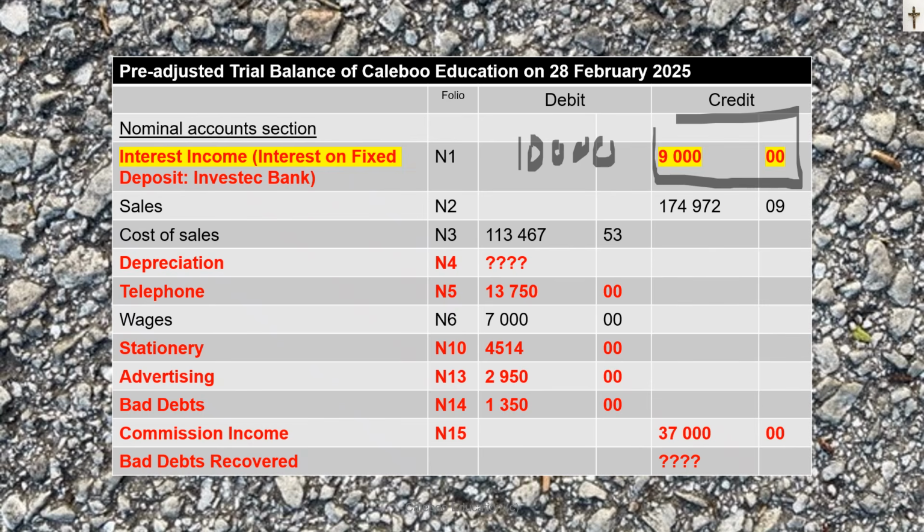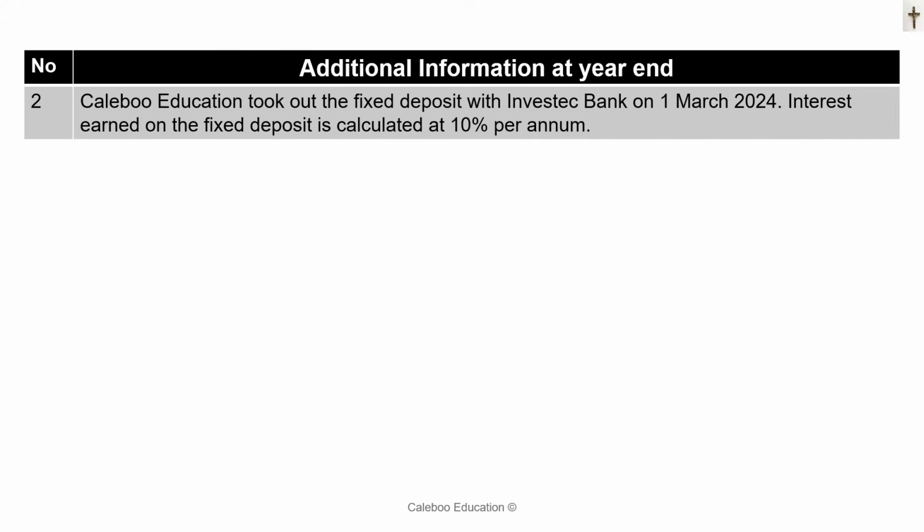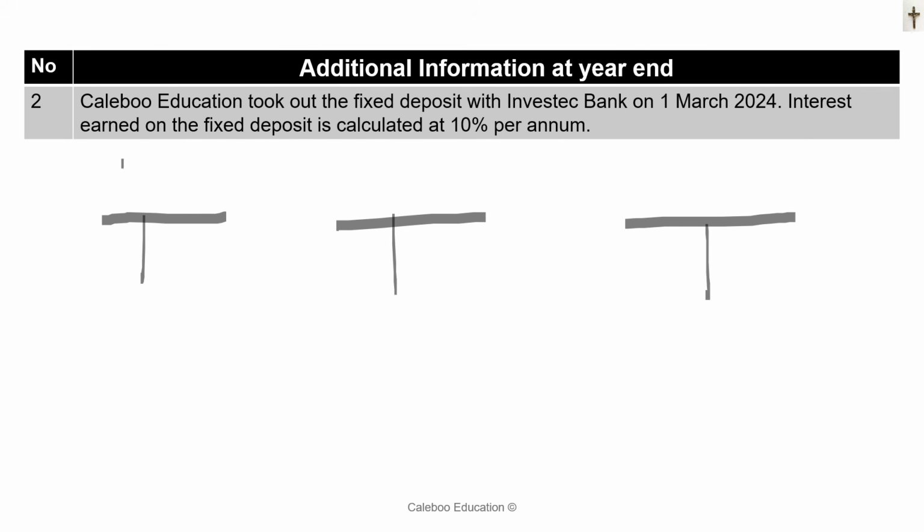So I do workings. You can develop your own methods. The important thing is that you get the correct numbers on the financial statements. So this is the transaction, and I've got 3 accounts here.